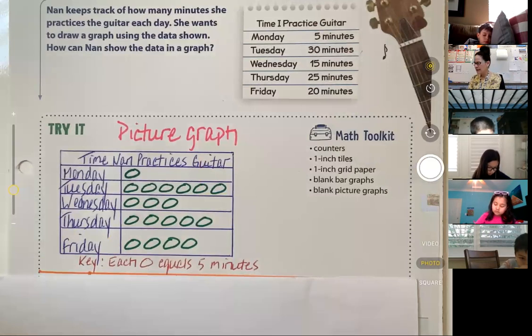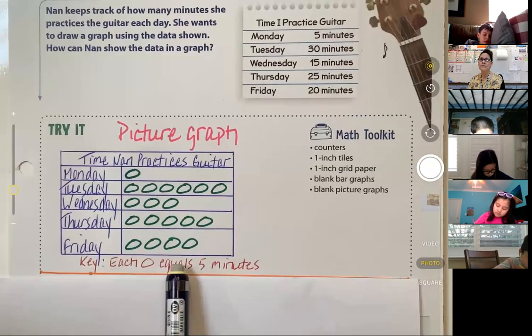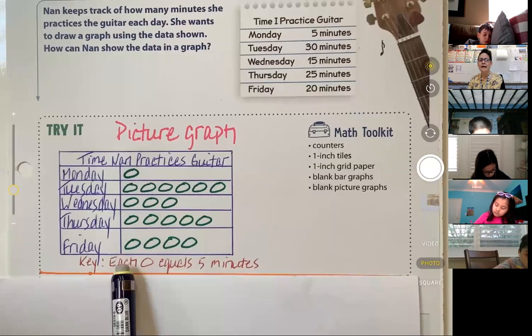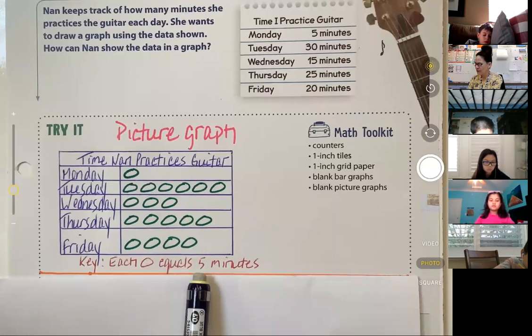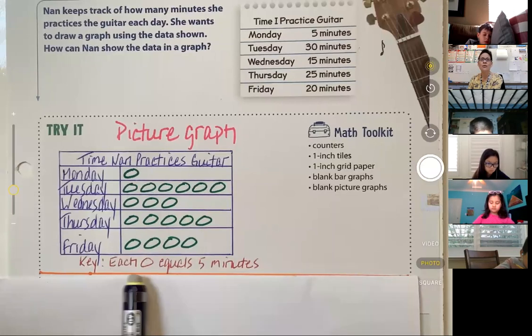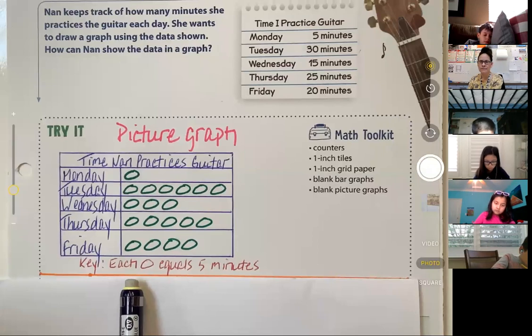So I did my key in red, so it's easy to see on paper. So my key is every circle is going to be equal to 5 minutes. Why 5 minutes? Why did I pick 5 minutes?